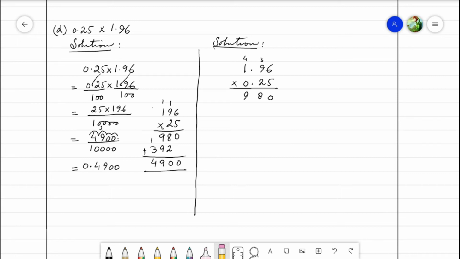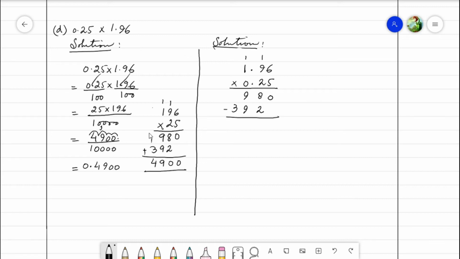Now I will leave the ones place. 2 sixes are 12, 1 will go up, 2 nines are 18, and 1 is 19, 9 will go down, 1 will go up, 2 ones are 2 and 3.